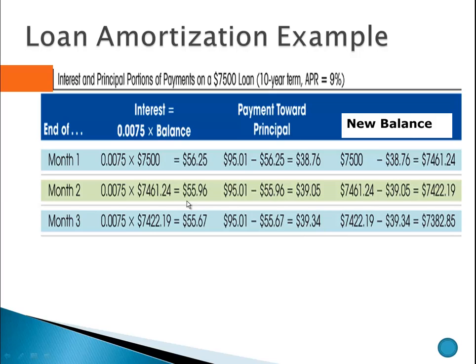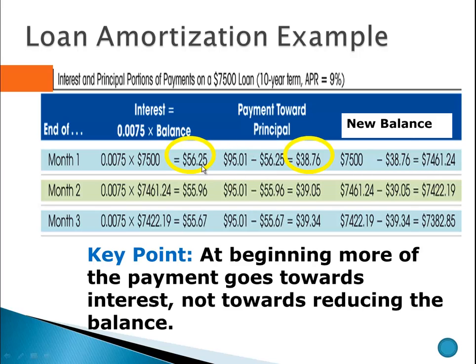If we make a payment of 95.01, which is what we calculated, notice these two numbers right here, the 56.25 and the 38.76. The 38.76 goes towards the loan to reduce the balance, the principal, and the 56.25 is the amount of interest. This 0.0075 represents the interest rate per month that we'd calculate.